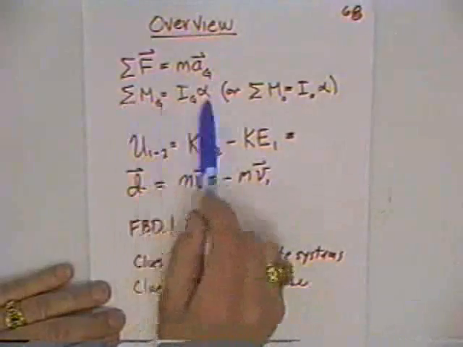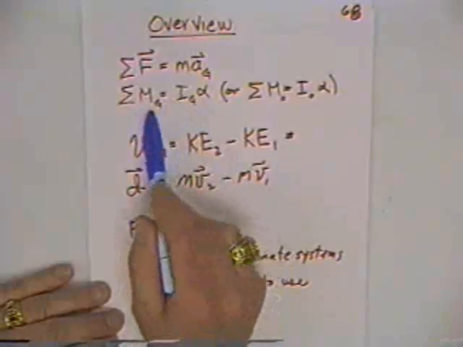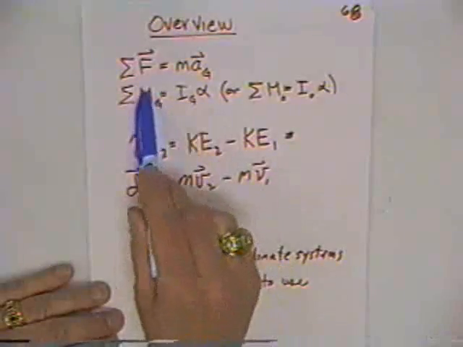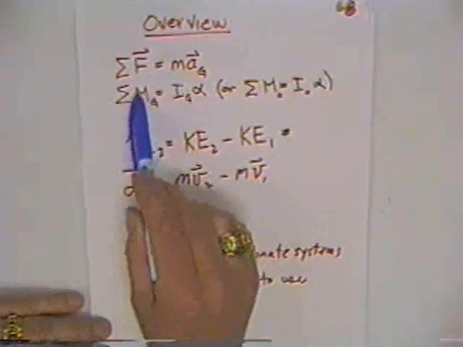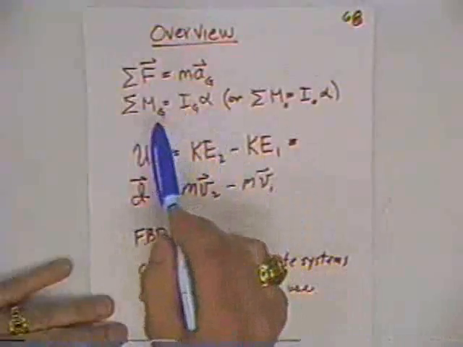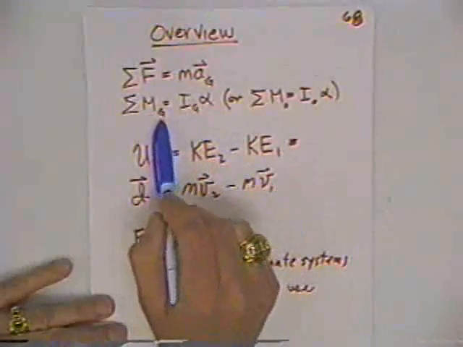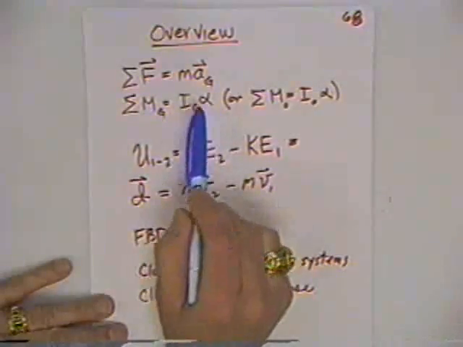For a rigid body, since it has angular motion also, we also have an angular equation of motion. I haven't written vector signs on here. This can be a vector equation too, but in two-dimensional rigid body dynamics, this scalar equation is enough. And it says the summation of moments about point G is equal to I about point G times alpha.